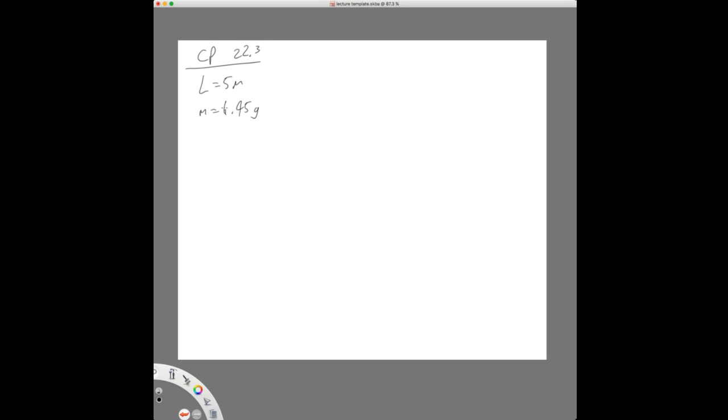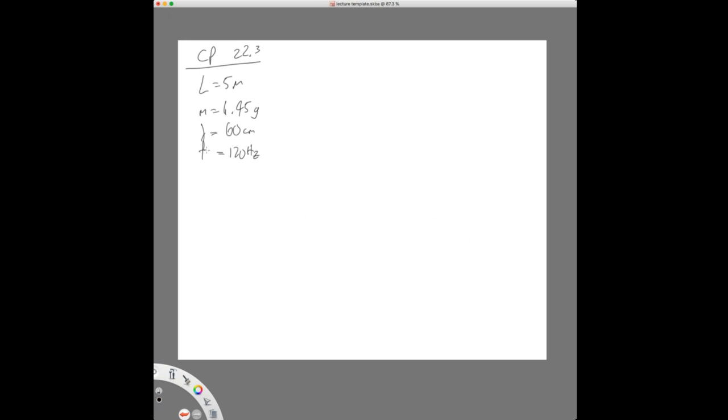What must be the tension in the cord if the wavelength of a 120 hertz wave on it is to be 60 centimeters? So the wavelength is 60 centimeters, and it says it is a 120 hertz wave. So what is that talking about?